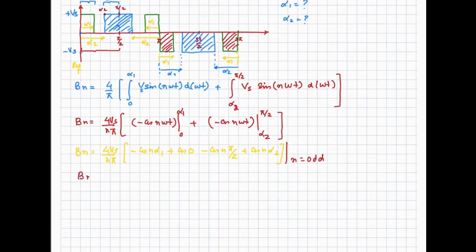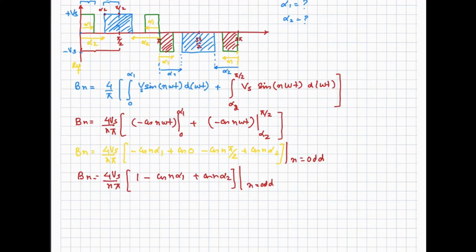So Bn can finally be written as 4Vs by n pi into 1 minus cos of n alpha 1 plus cos of n alpha 2 for the odd harmonics, since cos 0 is 1. Cos of n pi by 2 will be equal to 0 for any odd value of n.